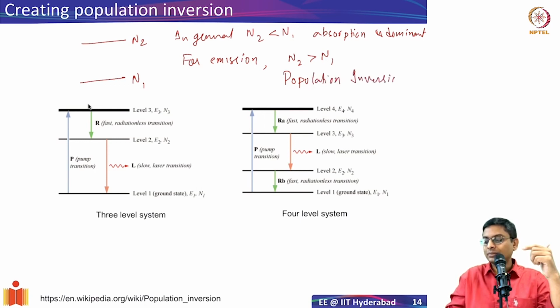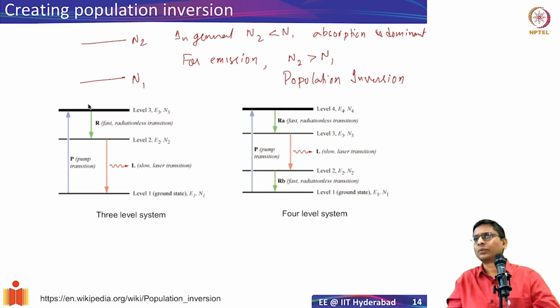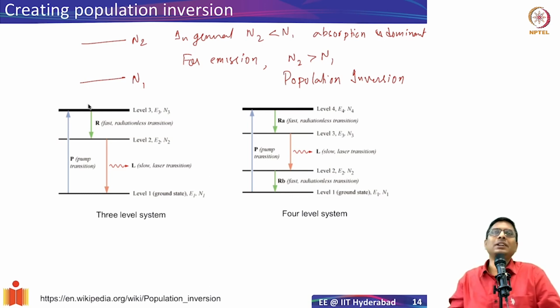This is an essential part of a laser. If you don't have population inversion, you cannot have lasing, right? You cannot have stimulated emission essentially. Otherwise, spontaneous emission is strong and nothing much happens. Once you have N2 greater than N1, stimulated emission takes over. And how strong is it? Let's say you have a population inversion of, say, 100. I'm just taking an example.